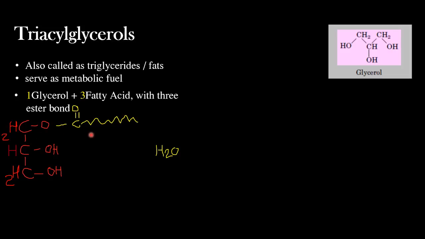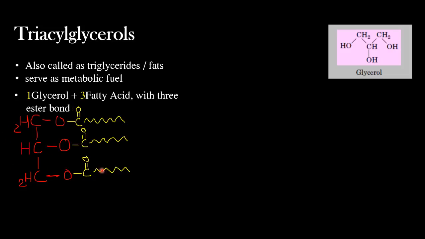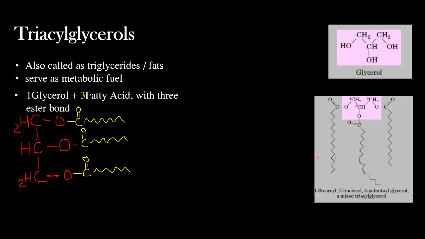Like this, the other hydroxyl groups of the glycerol will be replaced by fatty acids. Okay, and that's the structure of triglycerol. Here you can see three fatty acids and one glycerol having three ester bonds.